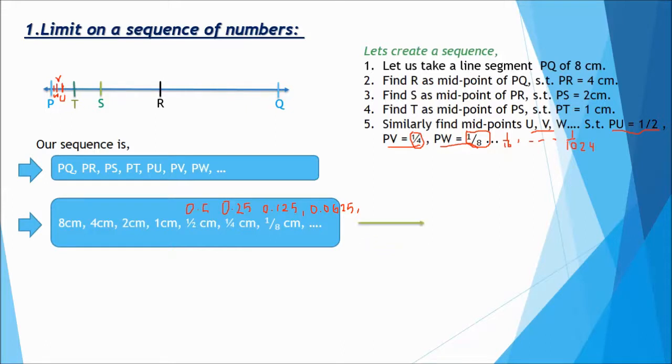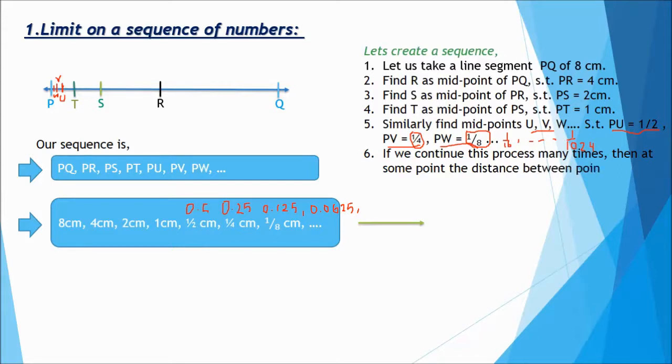Now let's see what step 6 says. If we continue this process of finding the midpoints many times, then at some point the distance between point P and that middle point approaches some value, isn't it?